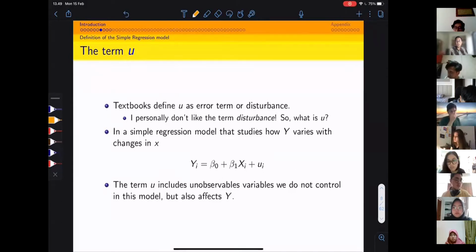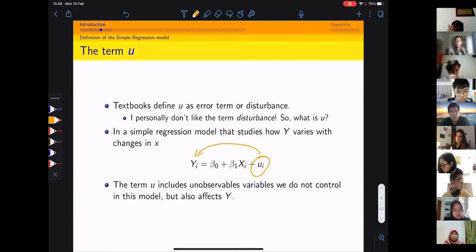So basically, U represents unobserved variables, unobserved characteristics, and these unobserved variables affect the dependent variable of interest. We don't include these variables in the regression specification for various reasons.